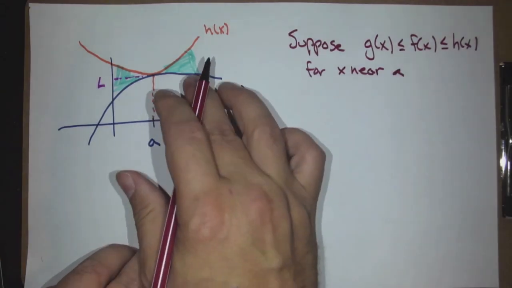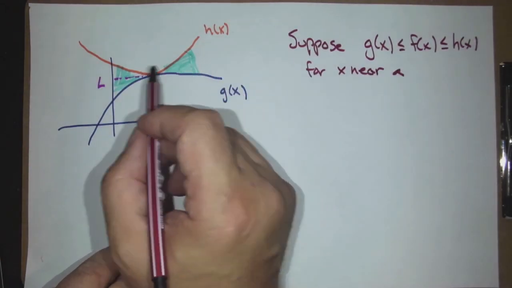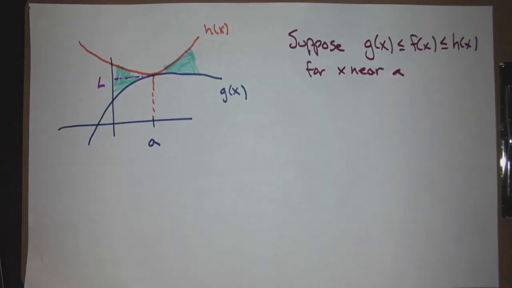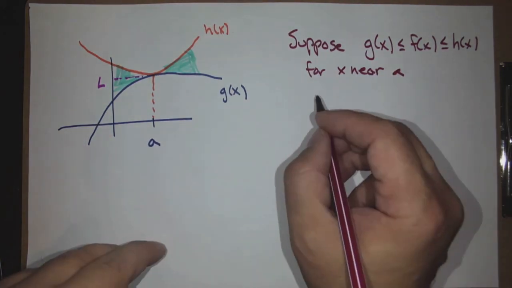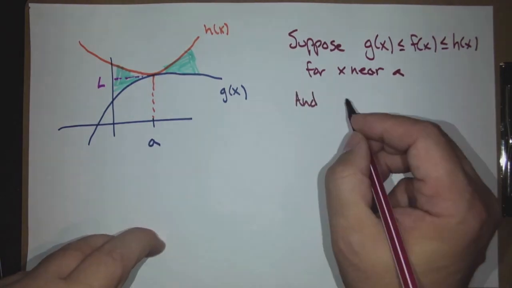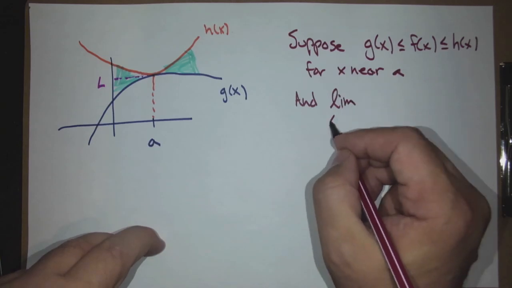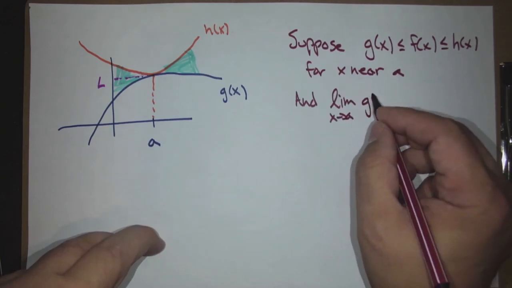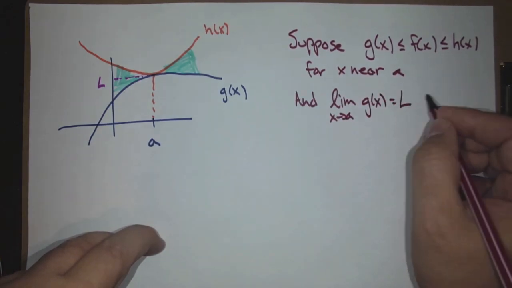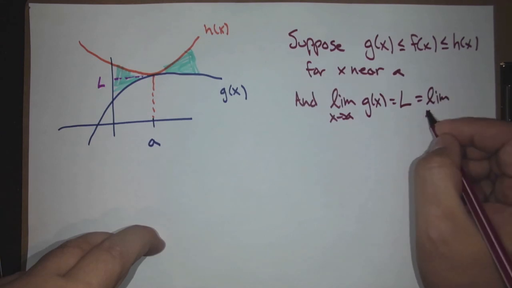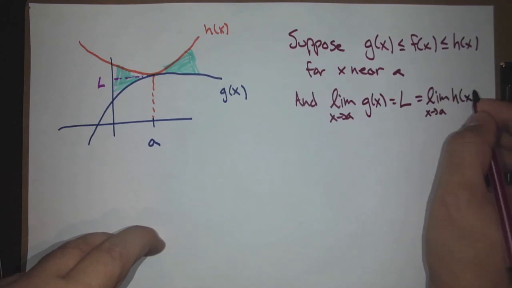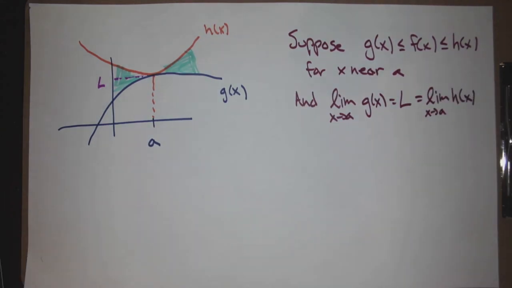So, in other words, there's some function in between g and h. And the limit as x goes to a of g of x is some value L. It's the same as the limit as x goes to a of h of x. In other words, g and h are coming together. They approach the same number.